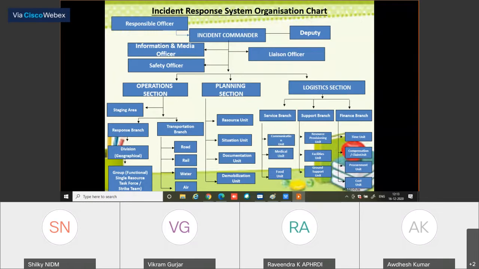Suppose we have an earthquake, then we can have the after effects of the earthquake, and even large scale events such as COVID-19, this pandemic. Yes, it is very much applicable for dealing with any of these situations.